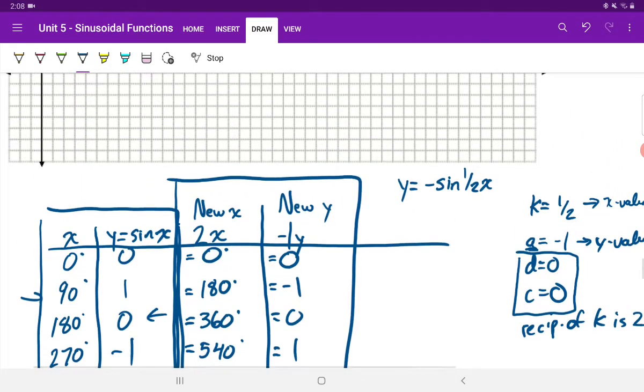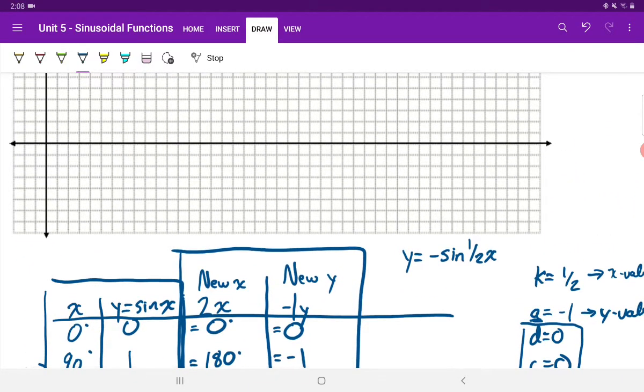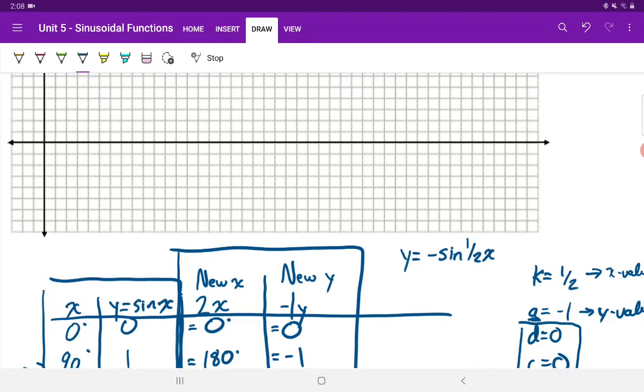Okay, now let's figure out a scale. I've got to get up to 720. So maybe we do, let's see, if every 4 lines I do a 90. Let's see if that works. 1, 2, 3, 4, 90. That should work. 1, 2, 3, 4, 180 right here.